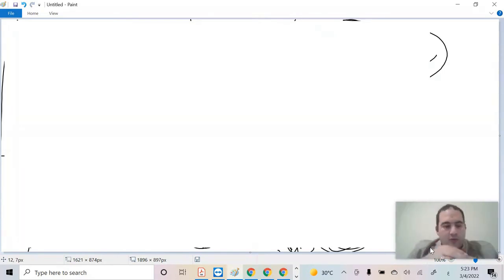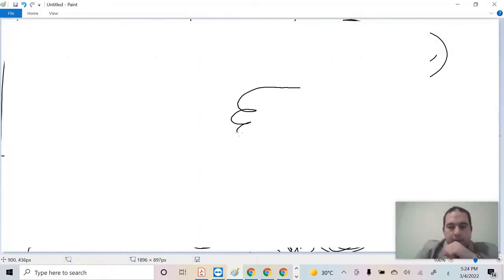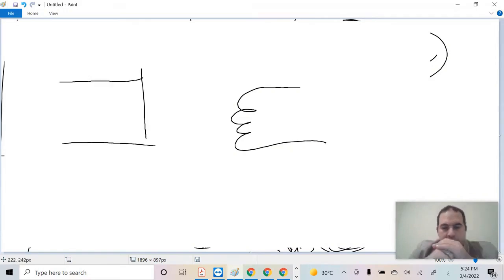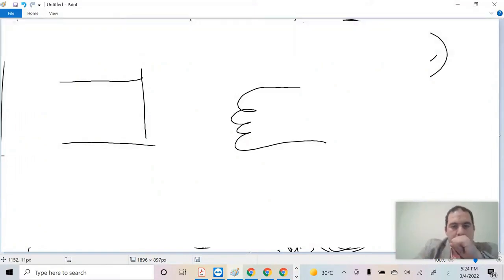I want you to focus with me because the information today is not extensive, but it requires concentration to be understood correctly. As I explained earlier, I have the cathode and I have the anode, and the electron moves from the cathode and interacts with the anode to produce X-rays.